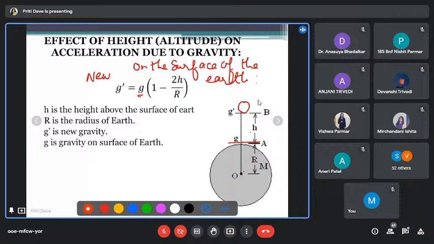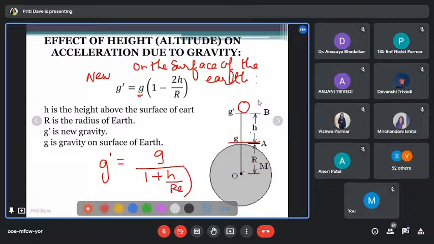So if h is say 3 meters or 8 meters, or even 1 kilometer, compared to the radius it is negligible. It has no value. But suppose we are checking gravity at a height of say 15 kilometers, or maybe 100 kilometers, then we cannot neglect it. Then your equation becomes g dash is g upon (1 plus h by r) the whole squared.